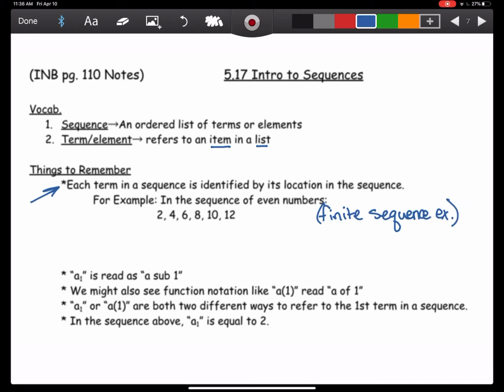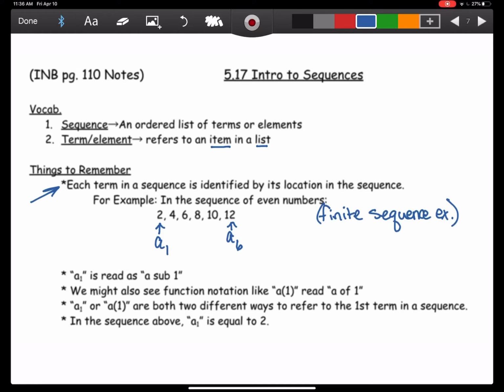We have 2, 4, 6, 8, 10, and 12. And what I was hoping we could write is that A sub 1 refers to the first term in the sequence. And, for example, A sub 6 refers to the 6th term in the sequence.